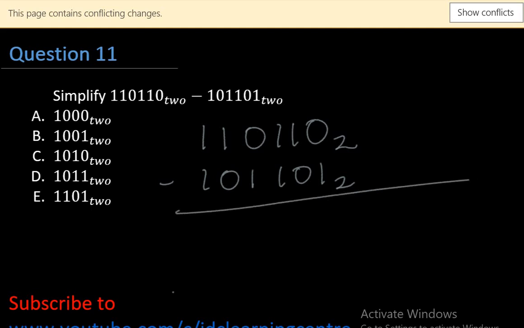I once taught someone that wanted to solve this, and the person started changing everything to base 10 first. Then from there, subtract and change back to base 2. But we can solve it without doing that.